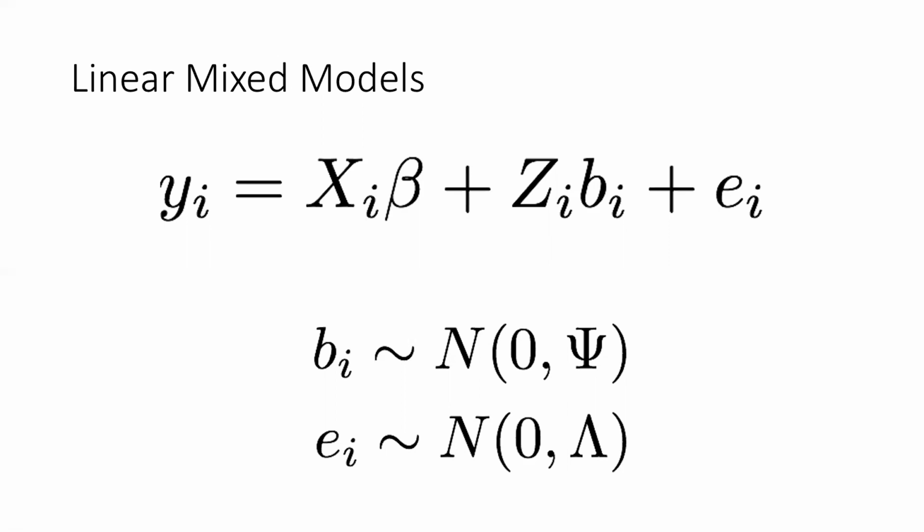Here we have random effects that we assume have some normal distribution with some covariance structure, and we have some residual terms that also have some structure here that we might want to model. Now, it's very common to think that these different structures are competing.